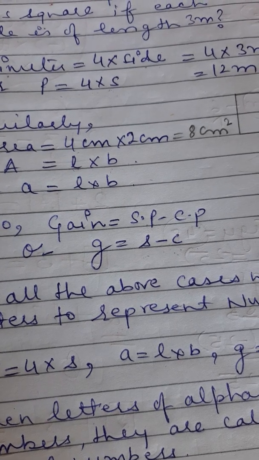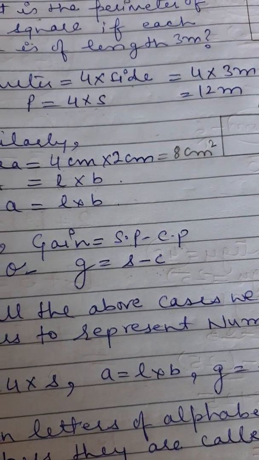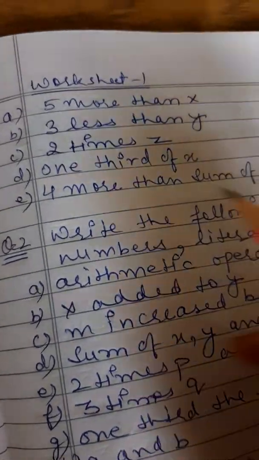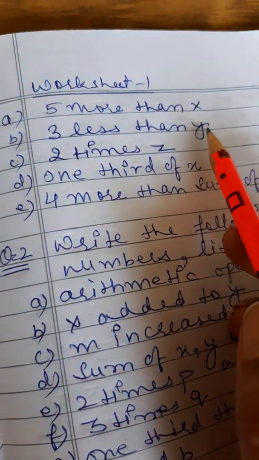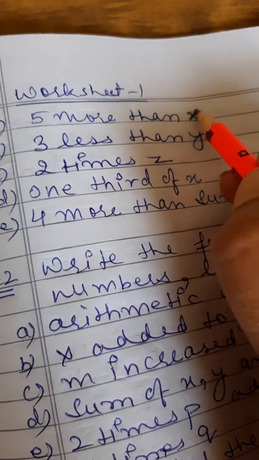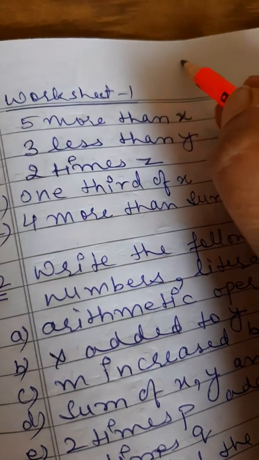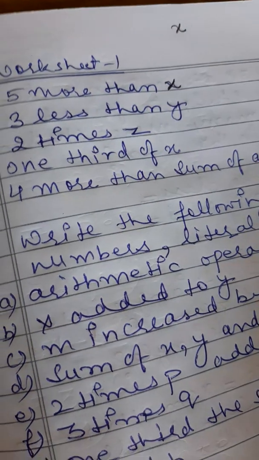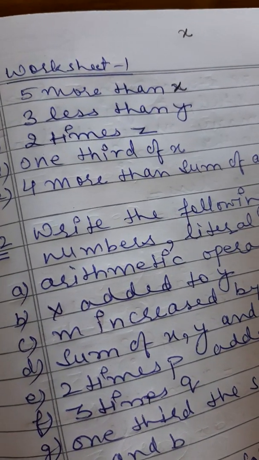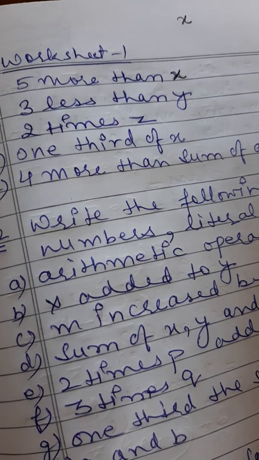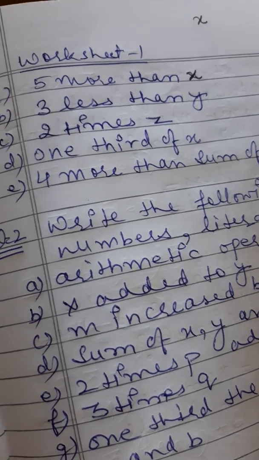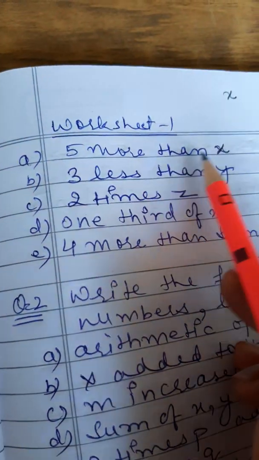So coming on to the exercise, your first worksheet one is: write the number which is 5 more than x. You have to use small x here, and students, always remember while doing algebra questions we always use small letters as the literal numbers. 5 more than x.